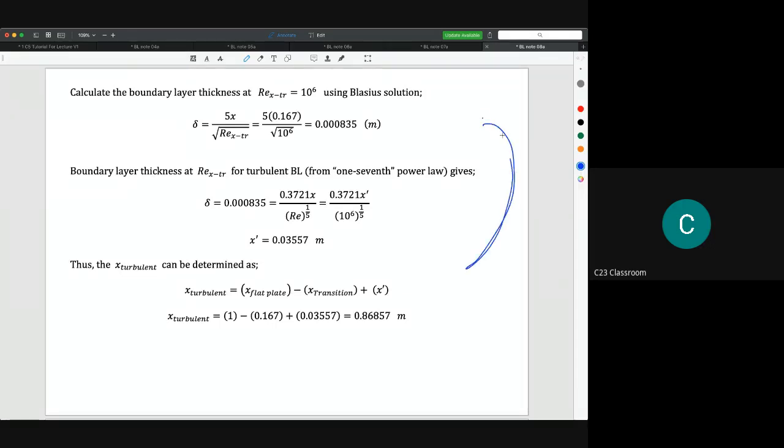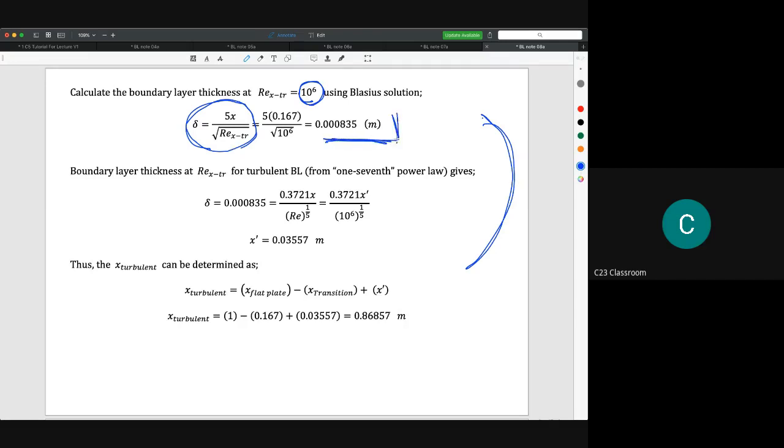We need to find the virtual starting point for the turbulent boundary layer. If the transition Reynolds number is 10 to the power of 6, we substitute the value here. We use the equation for delta from the Blasius solution, so we get delta equal to 0.000835 meters.